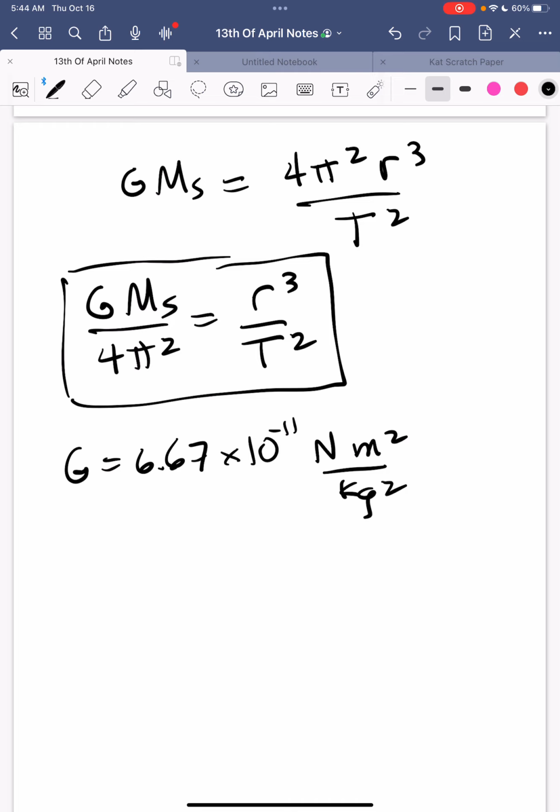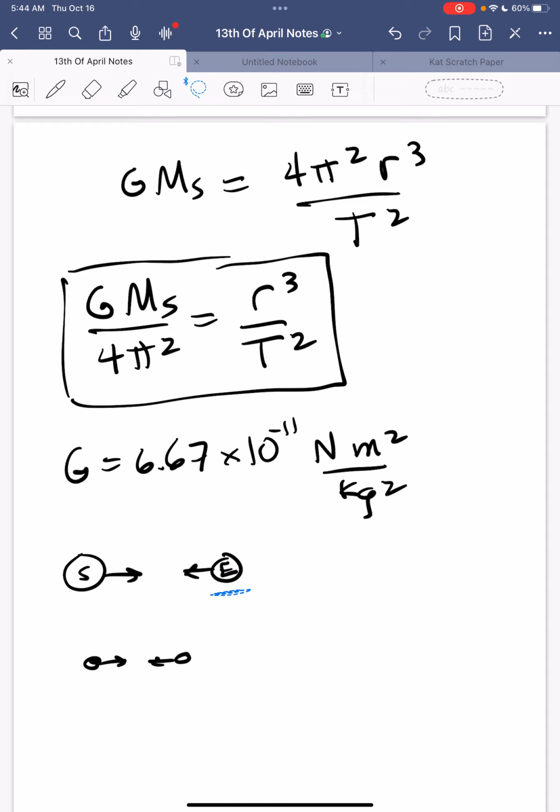So this constant is a universal constant. It gives us the attraction between the sun and the earth, but it also gives us the attraction between two pebbles. It's very, very weak. These two things will be attracted. It's very weak because the power here is 10 to the minus 11th. It's super small. And you don't typically see a lot of gravitational force unless you have a large amount of mass, like the mass of the sun and the mass of the earth.